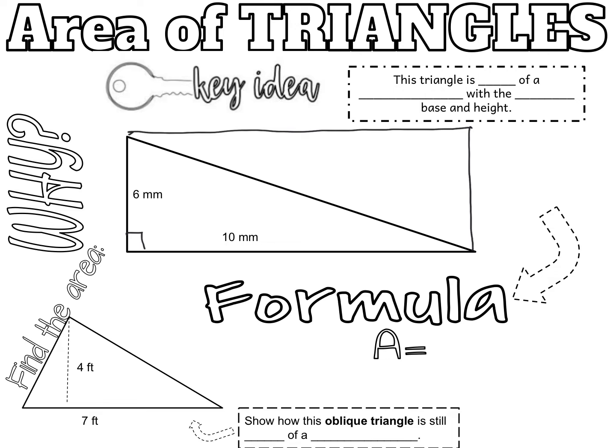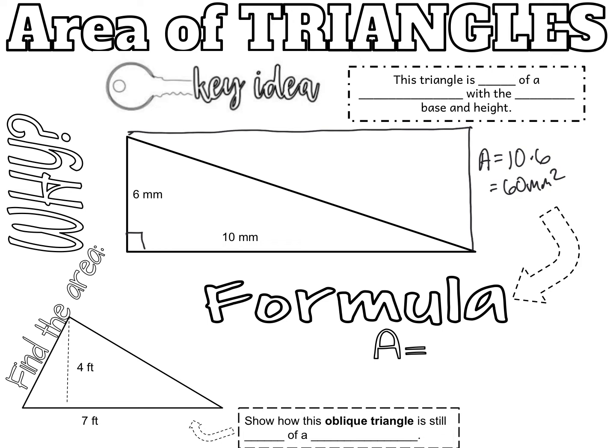Using that, we know that its area would equal base times height, so it would be 10 times 6, or 60 millimeters squared. But we're not working with a rectangle, we're actually working with the triangle. And when we look at it, kind of like when we were doing angles of polygons and trying to find the missing angles, we see that this rectangle is actually two triangles.